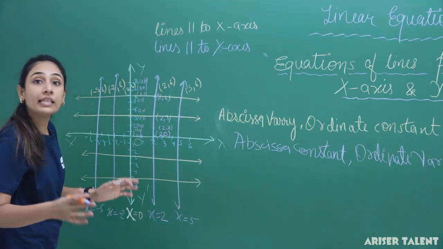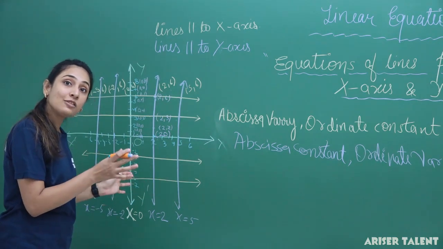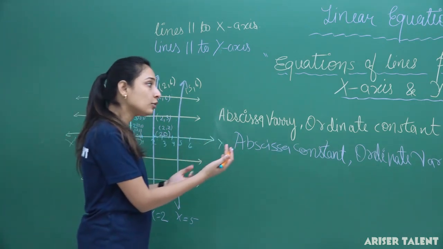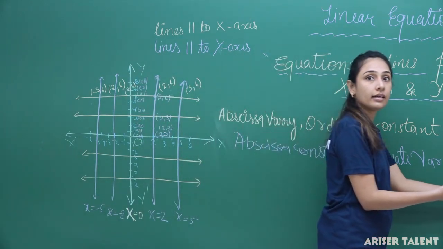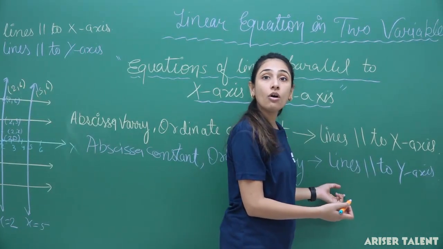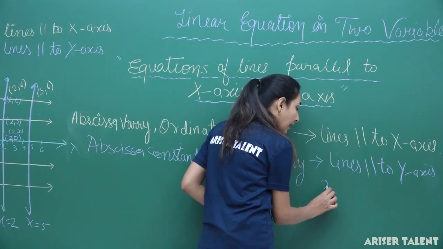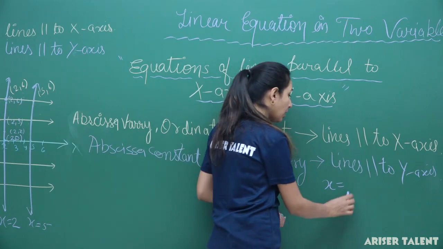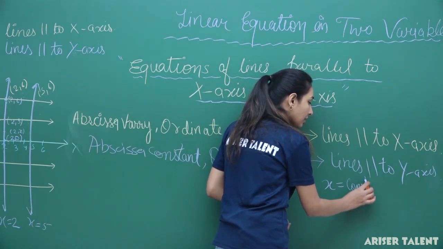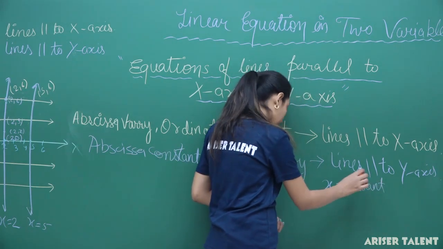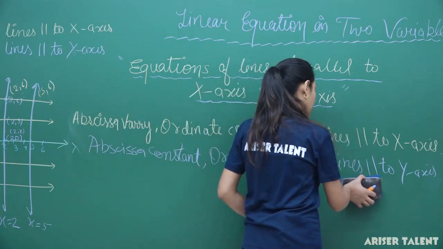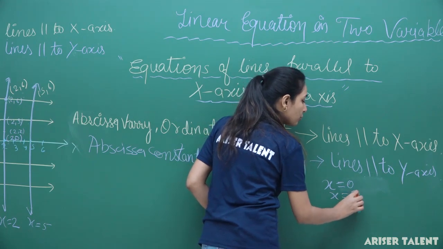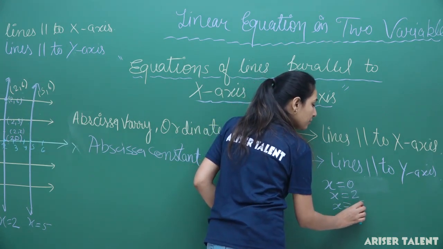This is about the lines parallel to the y-axis. Okay, so for lines parallel to the y-axis, we get equations like x equals a constant. For example, I can write x equals 0 or x equals 2 or x equals -5.